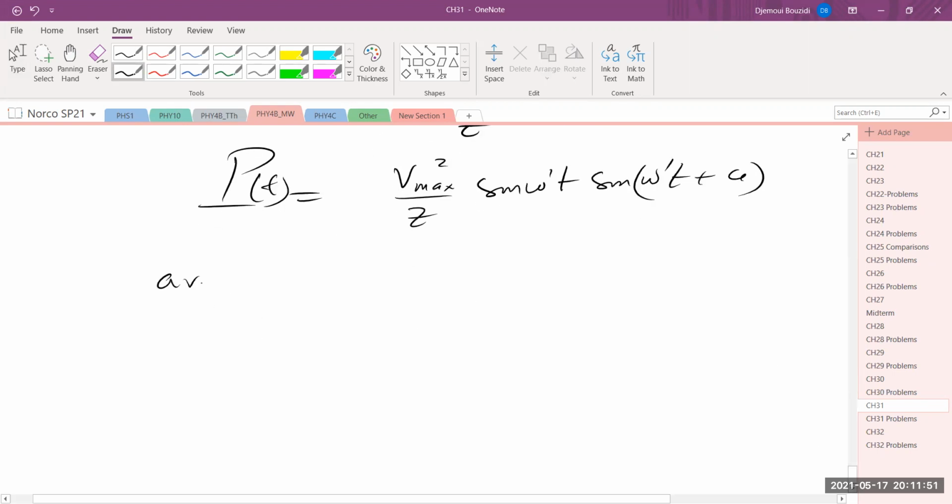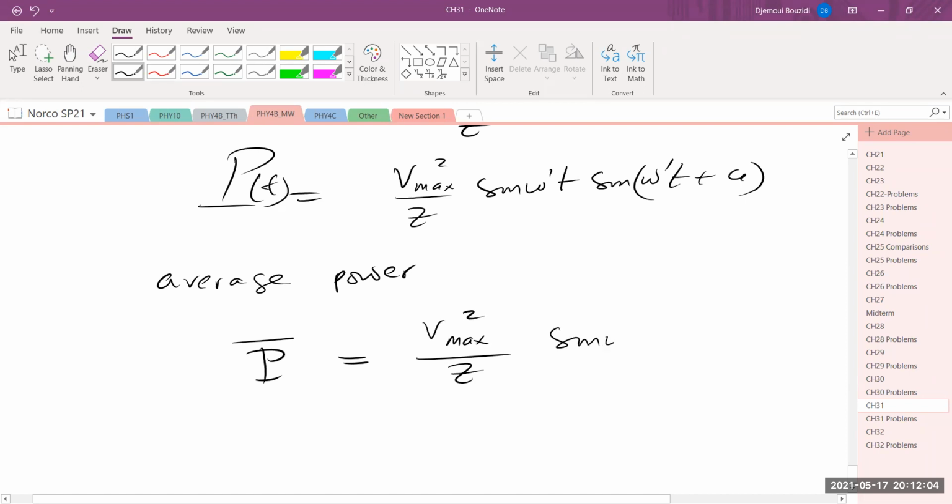The average power, which I'm going to call P bar, is equal to Vmax squared over Z times the average of this quantity. So I need to average this number.